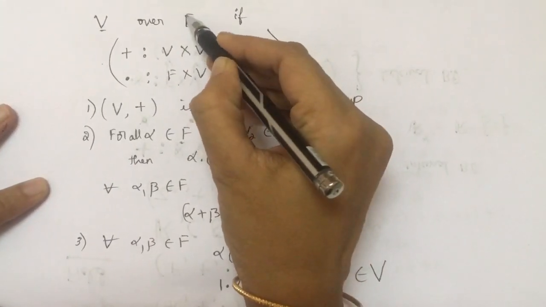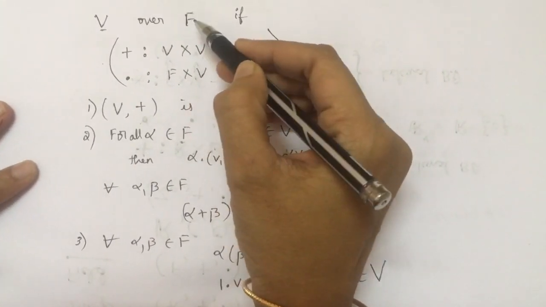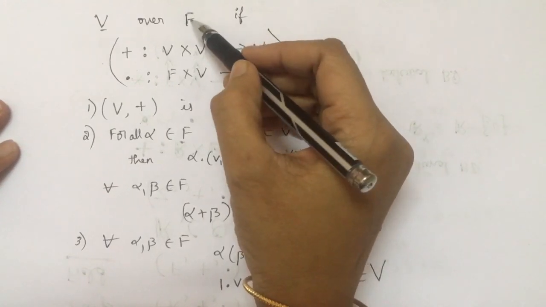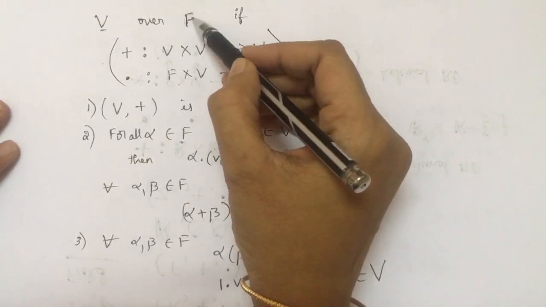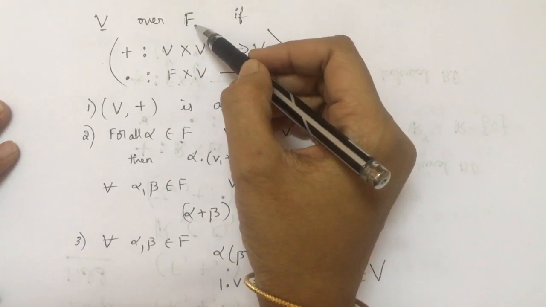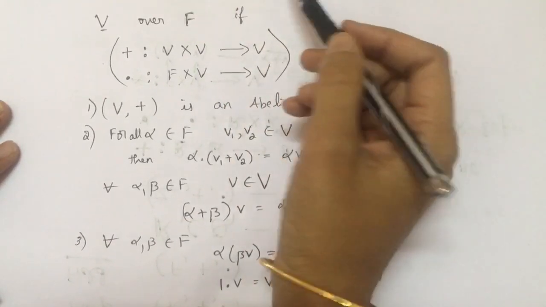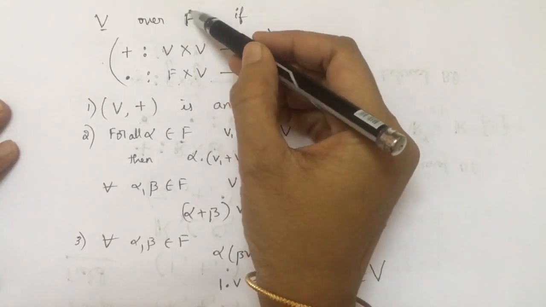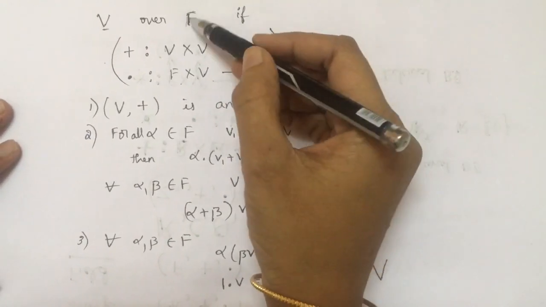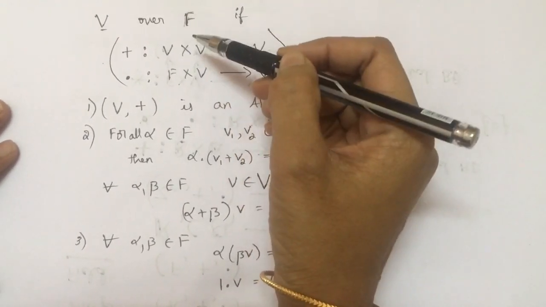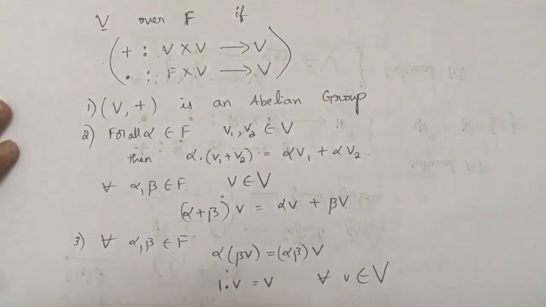Remember one thing: we are defining this over a field F. It's not necessary that it has to be a set of real scalars. It can be complex also, then it becomes a complex field. We usually deal with the real field, where the field is taken as the set of real numbers.